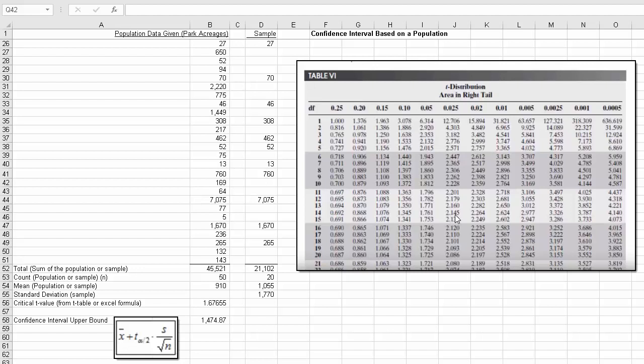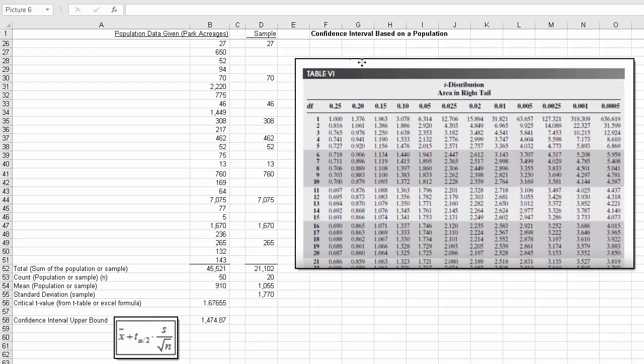Now, if we only wanted 90% confidence, well, then we've got 10% between the two tails. So in one tail, we would have half of it. We would use 1.761. And again, this assumes we had a population of 15, and degrees of freedom is always population minus 1. Okay, that's one way you could find that confidence interval.